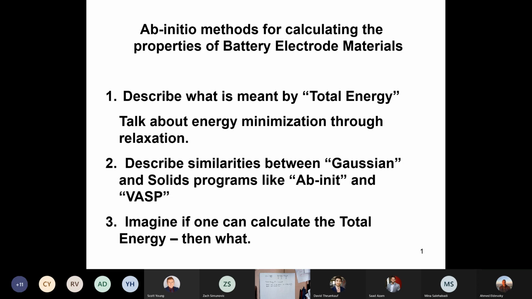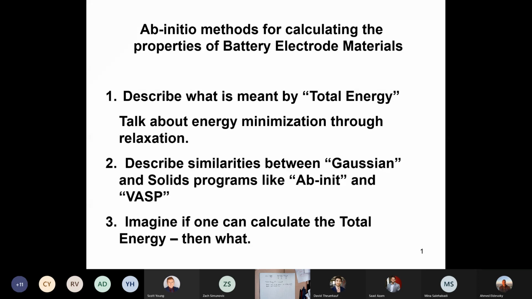You tell the computer program what the atoms are, which determines how many electrons they have. And you let the thing go. And you minimize the total energy by relaxing the lattice constants, changing interatomic distances until you find the minimum total energy. And then you say, okay, that's the structure that should result.